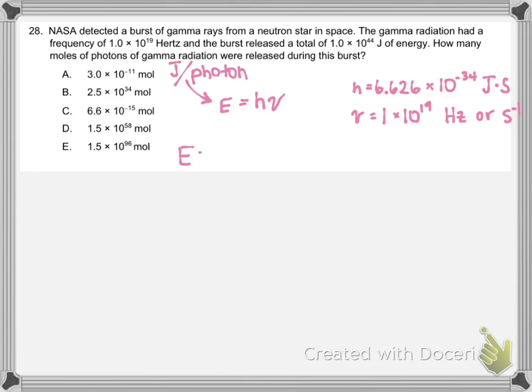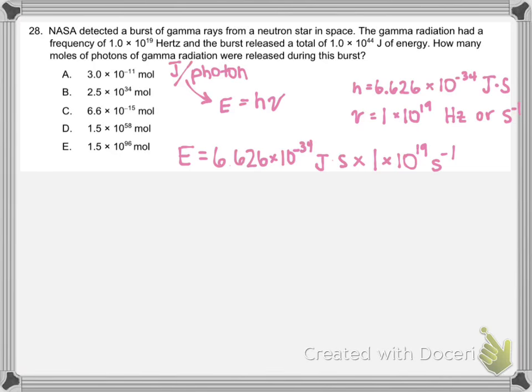So you can set this up. Say E equals 6.626 times 10 to the negative 34 joules times seconds times 1 times 10 to the 19th seconds to the minus 1.